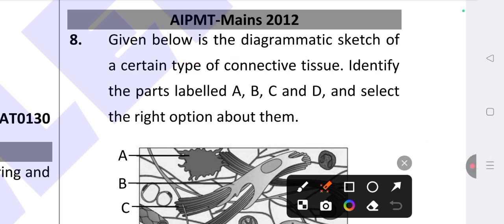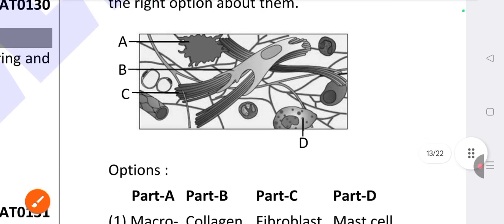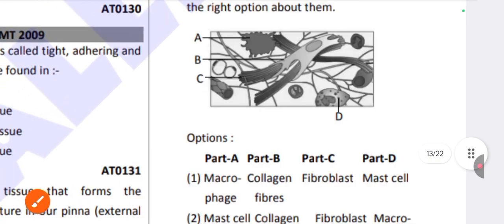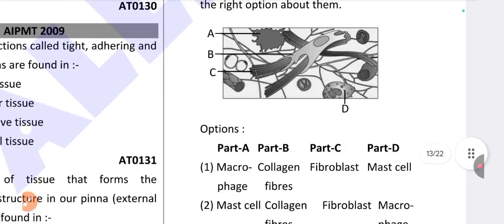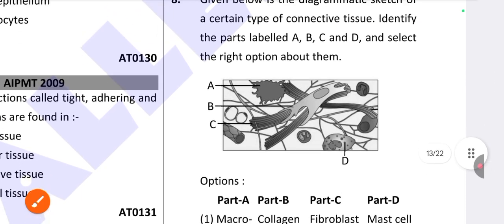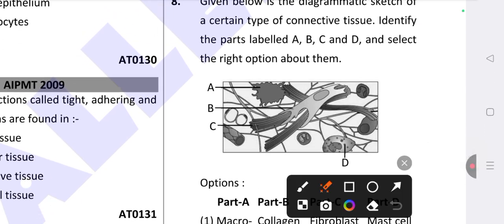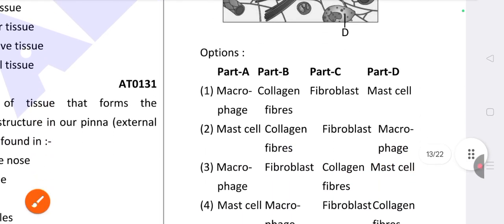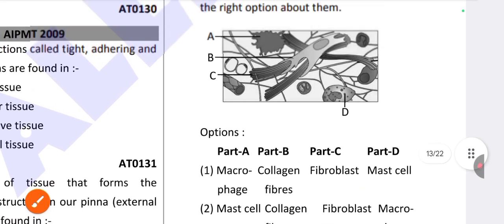Given below is a diagrammatic sketch. Find A, B, C, D and select the correct option. So here we see, it is the 8th question. We are given the options here. Option A is macrophage.